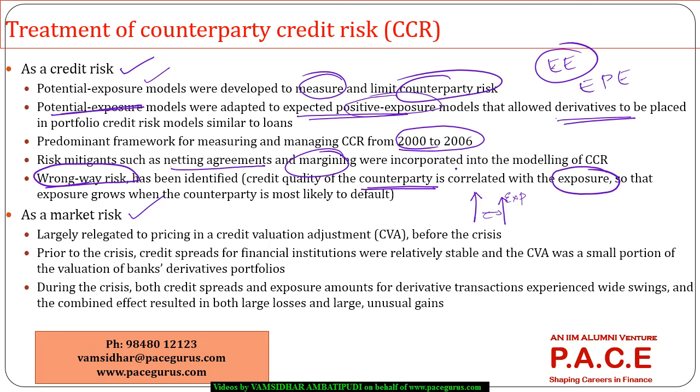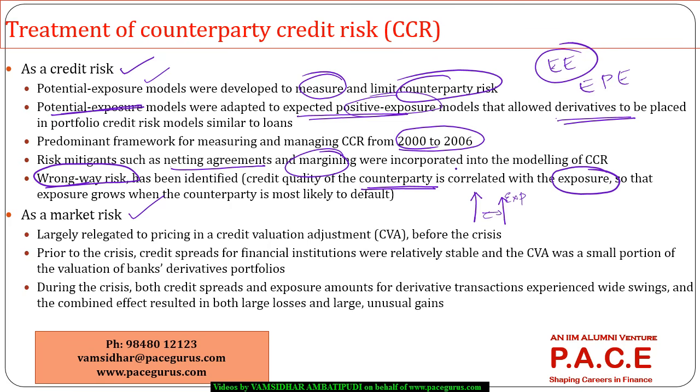That's a kind of correlation, which means, see, generally when the economy is good, I don't bother too much. Whatever collateral I have taken from the counterparty is sufficient. But generally we assume that when the economy is bad, the counterparty's position is also bad.